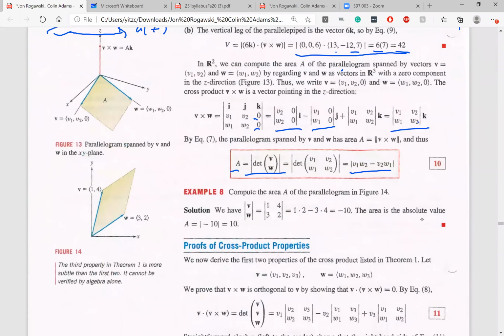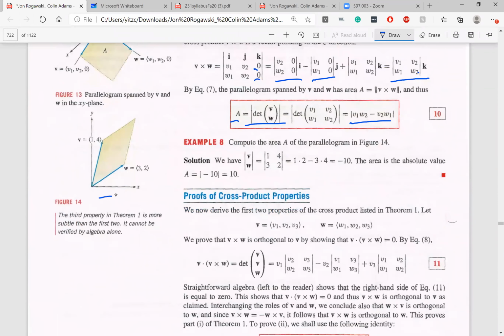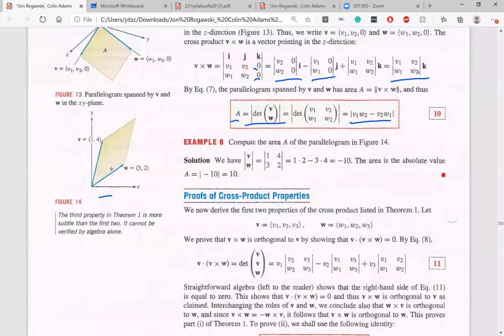So now they want us to compute the area of the parallelogram in figure 14. So here we are. And we have 2 vectors in R2.